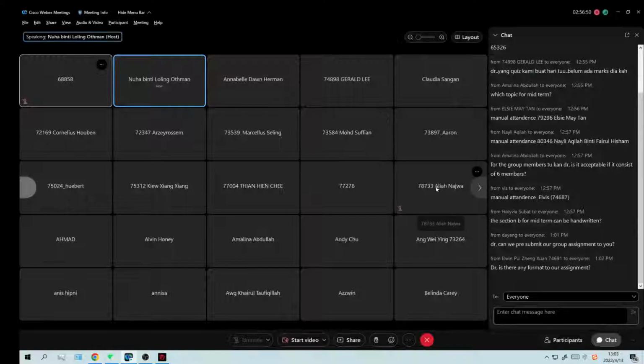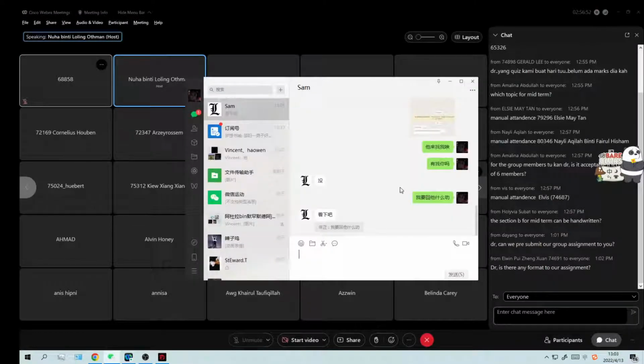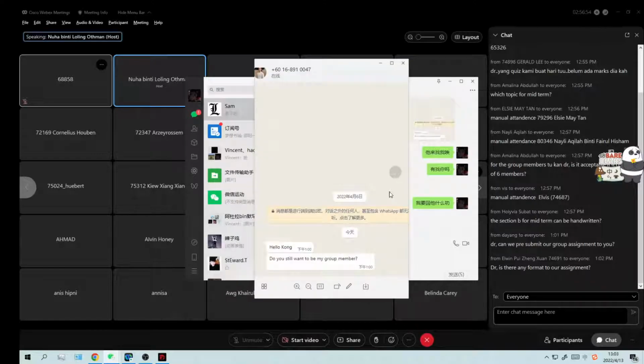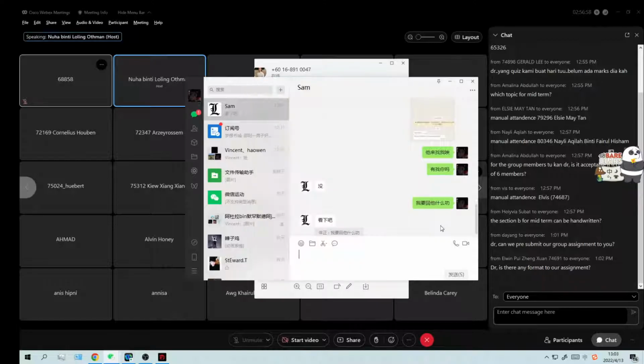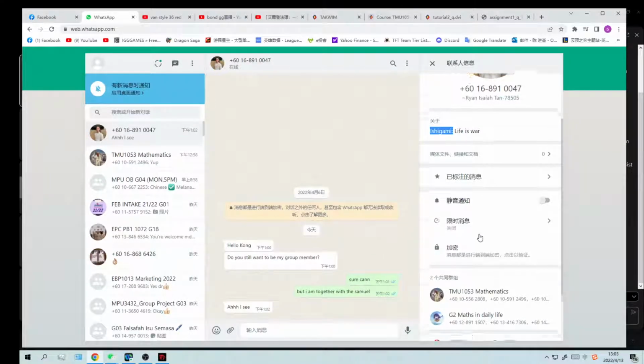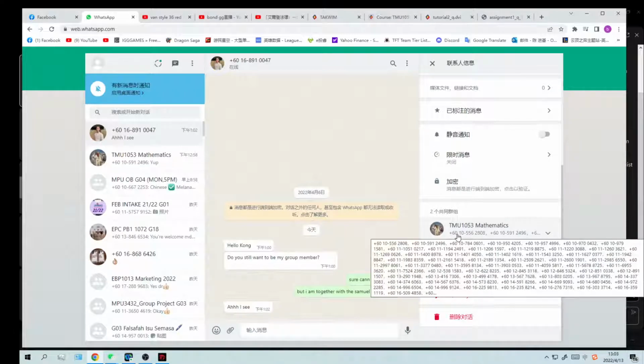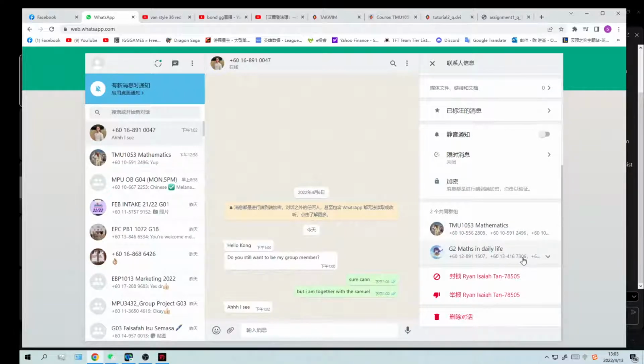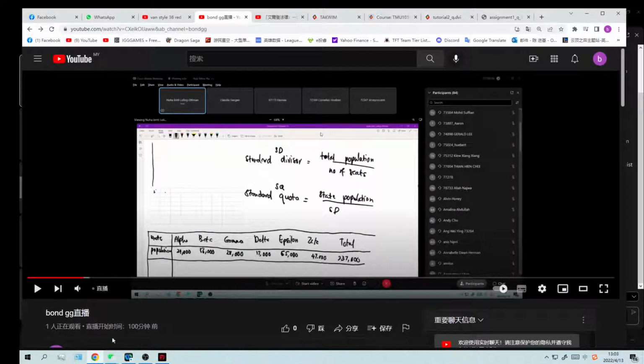Nanti rugi kamu, boleh fail. Ada student tak ambil midterm, dia fail. Yang lain dia buat, tapi midterm dia tak buat, dia dapat F. So please remember and then do your work. See you after your midterm.